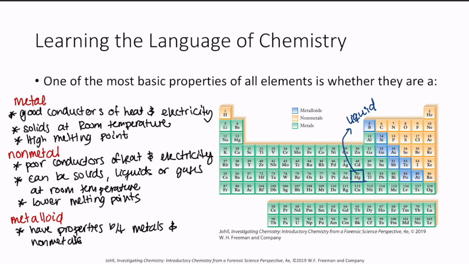They can conduct electricity and heat, but they're not good at it, but they're not poor at it. A lot of times they're called the semiconductors. They are solids at room temperature, but they're going to have lower melting points than that of metals.